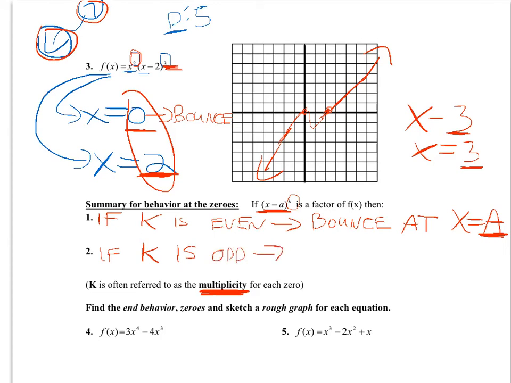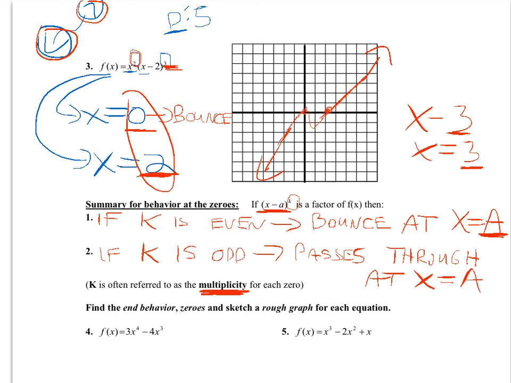So we'll say the graph passes through at x equals a. All right, so you find the zeros, and then you basically just have to figure out, is there a bounce at that zero, or does it go straight through? So the key here is factoring.